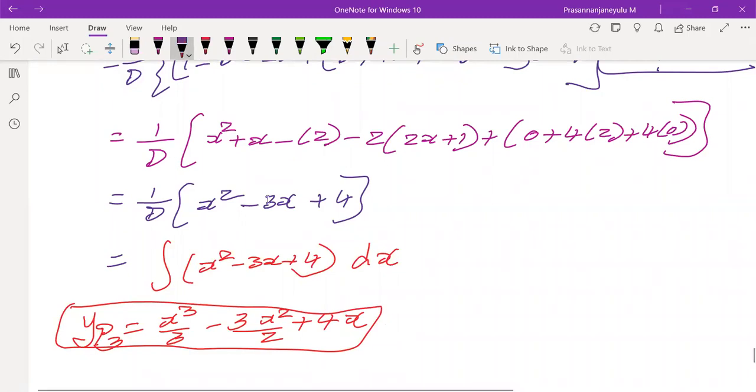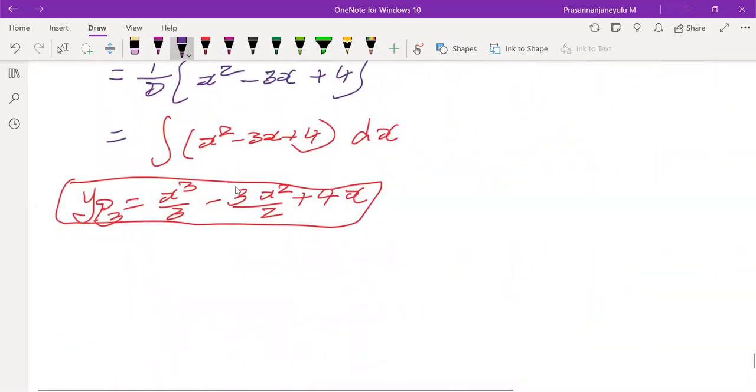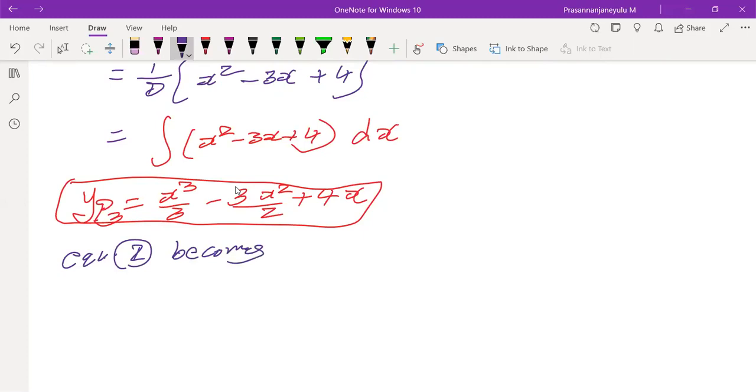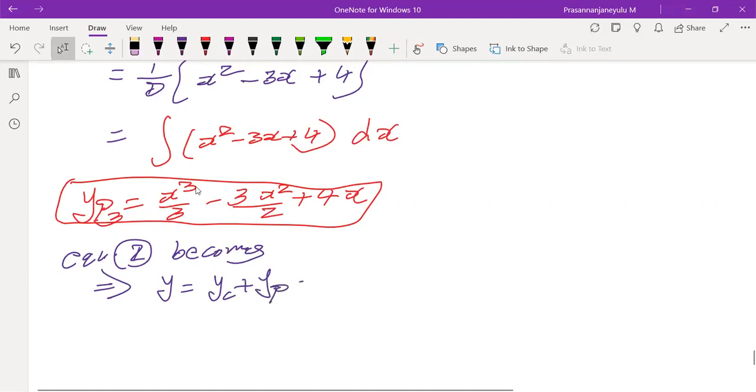So equation 2 becomes, what is equation number 2? y equals yc plus yp. I'm writing the same yc. What is yp? We mentioned yp as yp1 plus yp2 plus yp3.